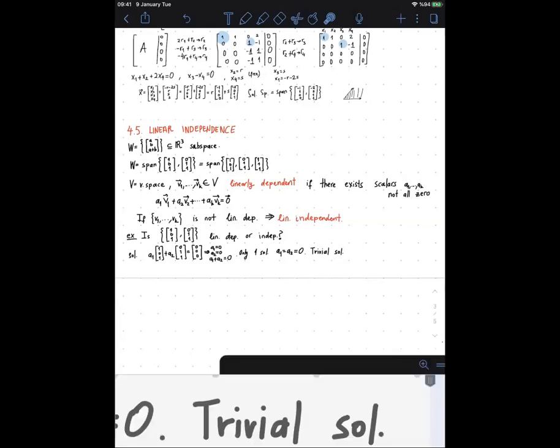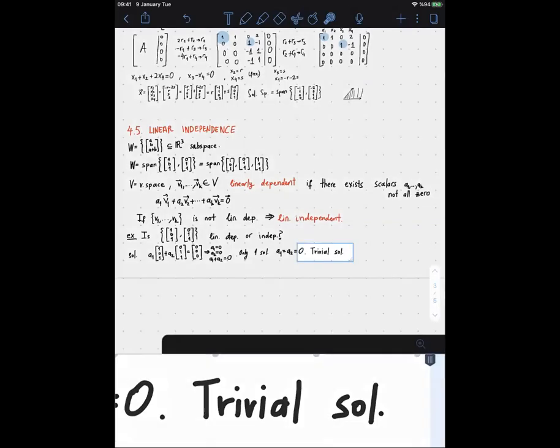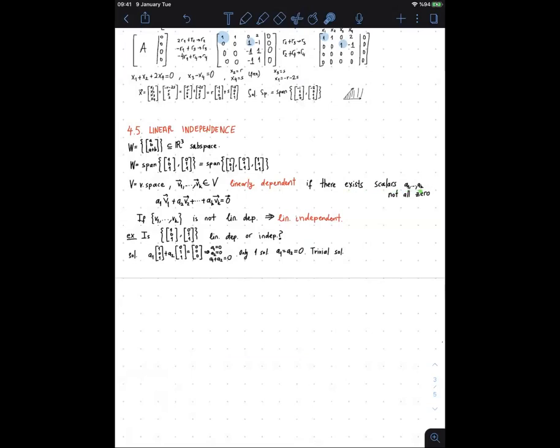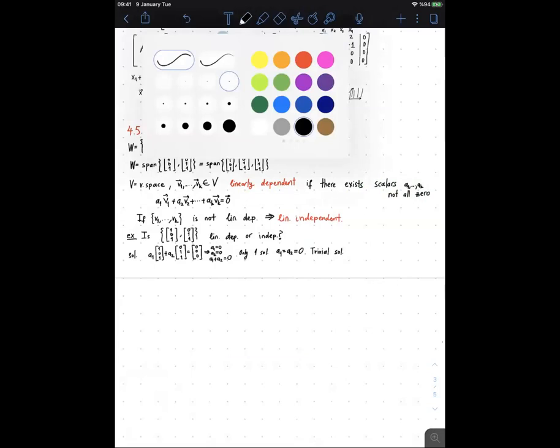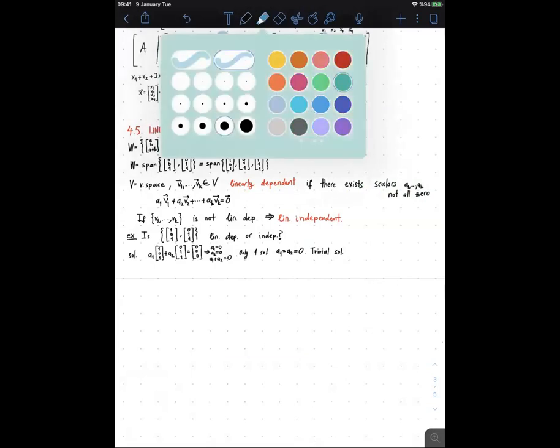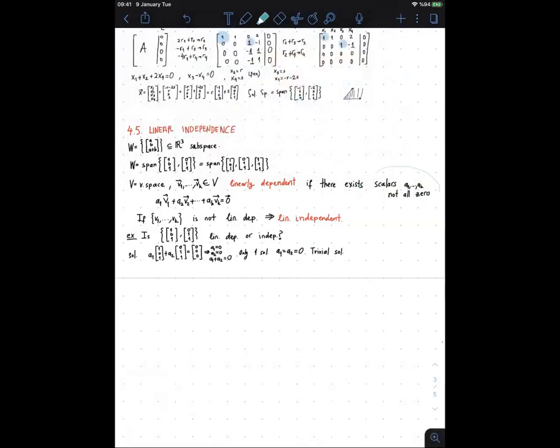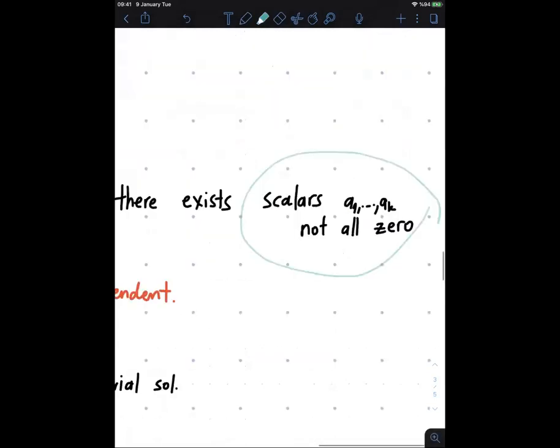So let's look at this writing here. If there exist scalars, not all zeros, so for linear dependence, you want a non-trivial solution. Let me write it in a different color. So this means a non-trivial solution.